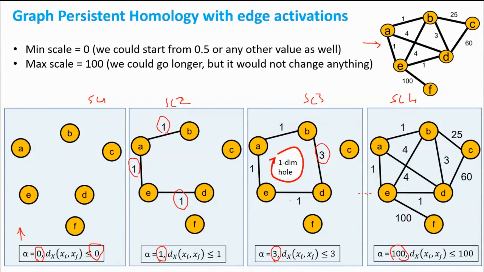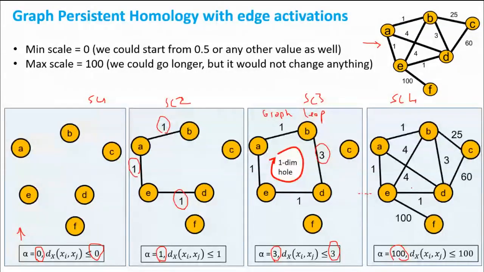And now the interesting thing here is, when we do this activation, a one-dimensional hole, which is a loop, appears in the third simplicial complex. So we are going to detect this as a one-dimensional hole, which is a graph loop, and it appears at alpha threshold 3.